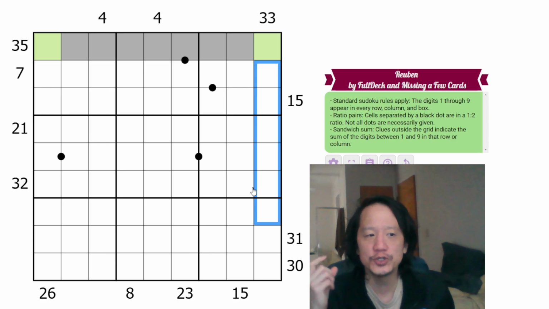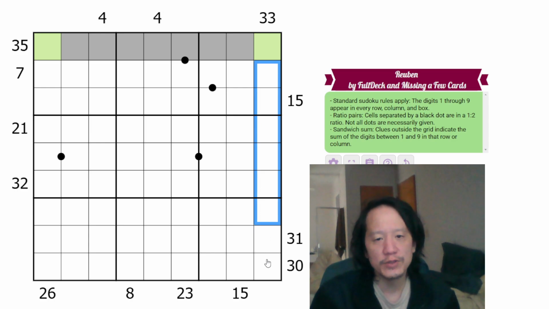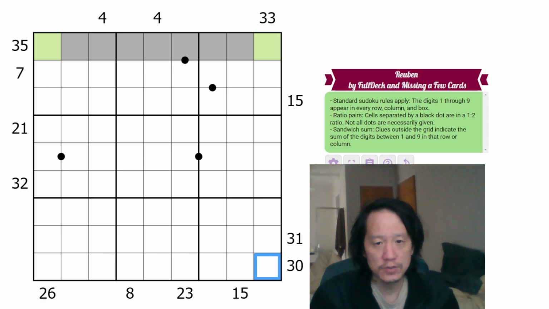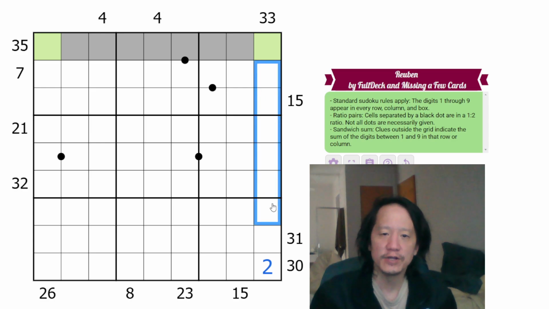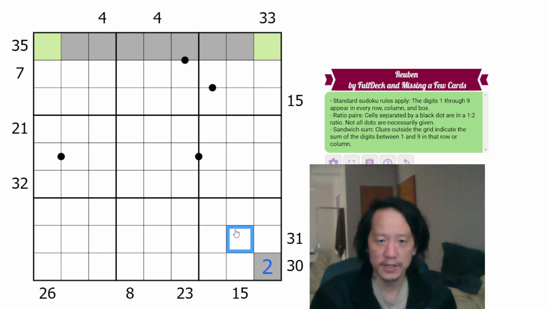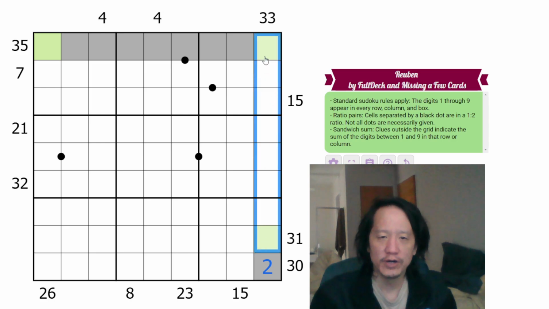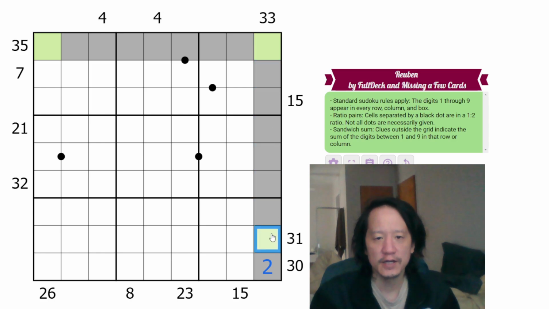Because if you remove the 2, the in-between sum has to be 33. So we know this specifically is a 2, because there's no other digit you can remove that makes the in-between cells 33. And this has to be a 1 or a 9, because otherwise it's not going to add up to 33 in between.